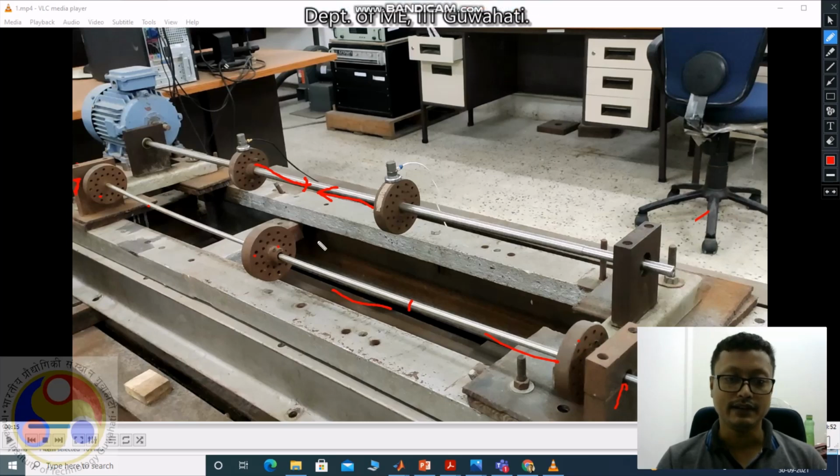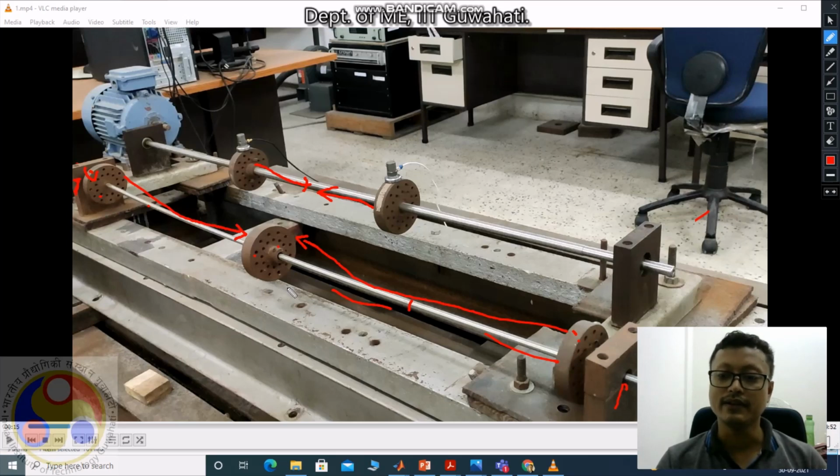Then in the second case, one mass will be at the middle and the other two at the ends. And in the third case for 3 degree of freedom, all three masses are brought to the center of this beam. Okay, this is the third condition.